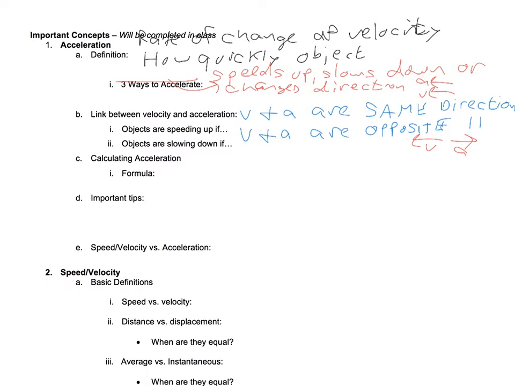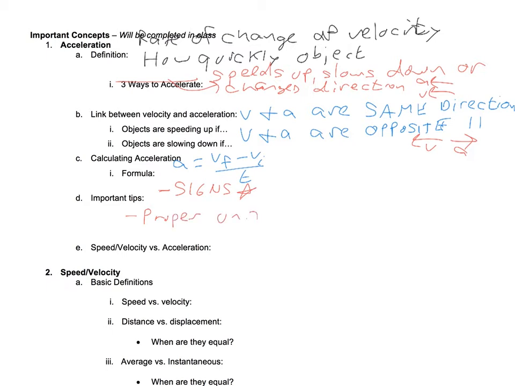Calculating our acceleration, okay, in order to do that, acceleration is v final minus v initial over time. Okay. Some tips to keep in mind when using that particular formula. One thing we want to think about are signs, of course. Those are always going to be important, but we also want to think about proper units.